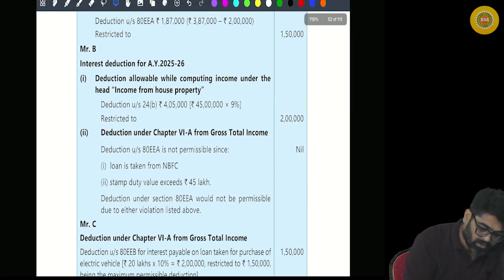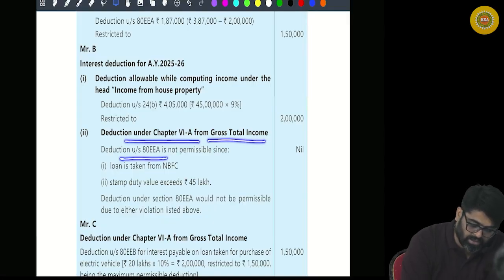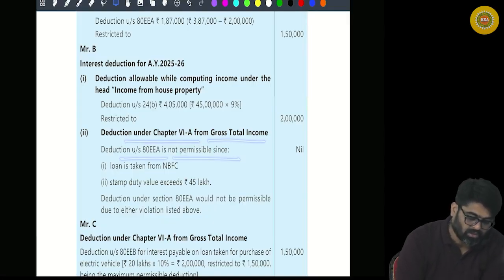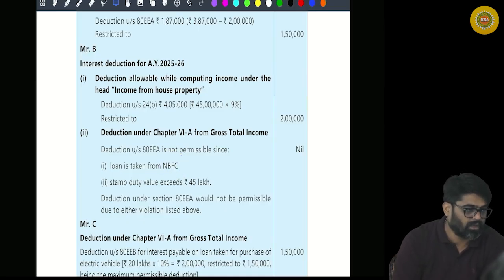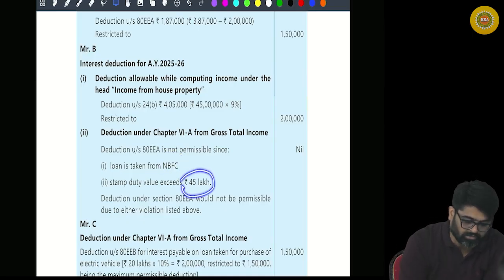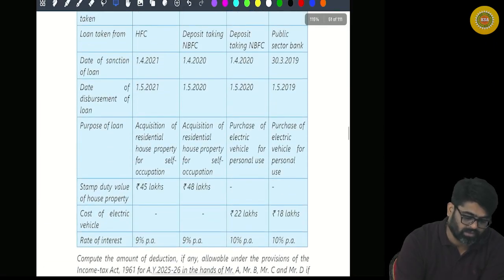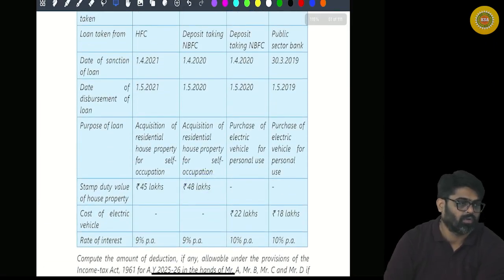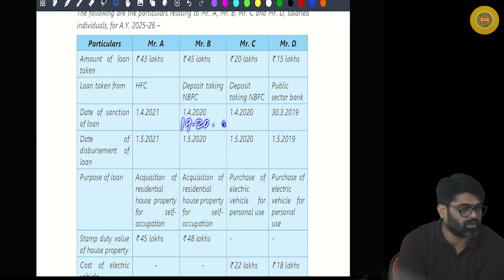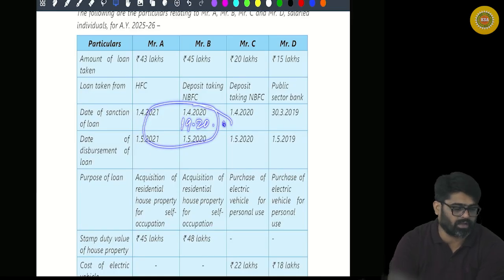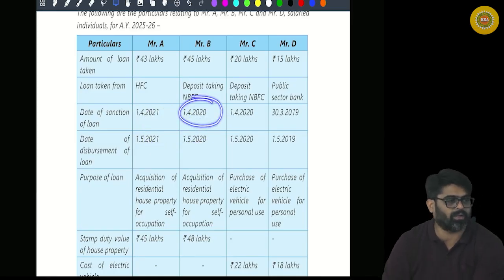Yes or no? Deduction under chapter 6A from GTI, 80EEA not permissible since loan is taken from NBFC. Point number 1. The stamp duty value also exceeds 45 lakhs. Even if the loan was taken in 1920, 2021 or 21-22, in these 3 years the loan was taken, sanctioned on 1st April 20.